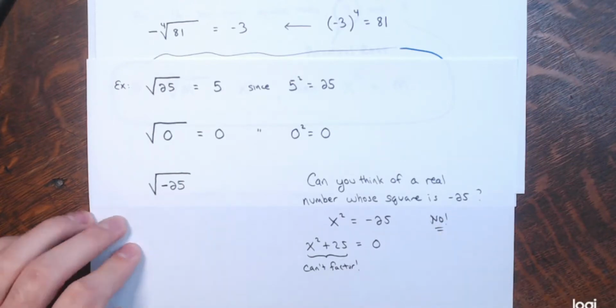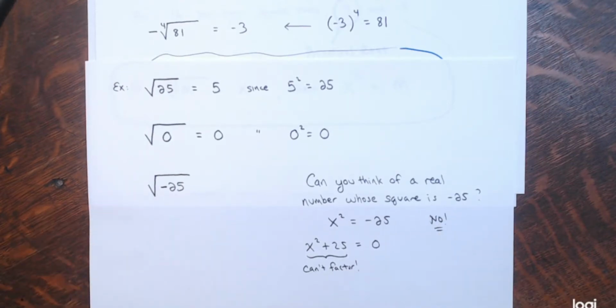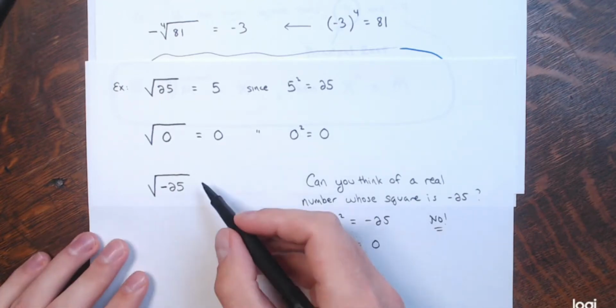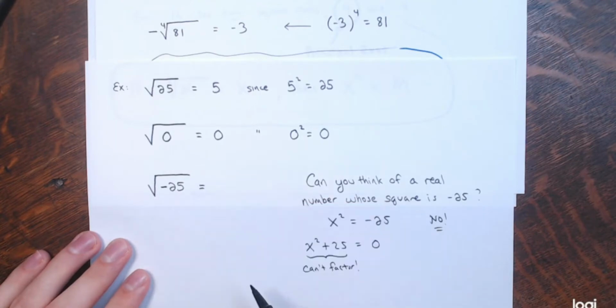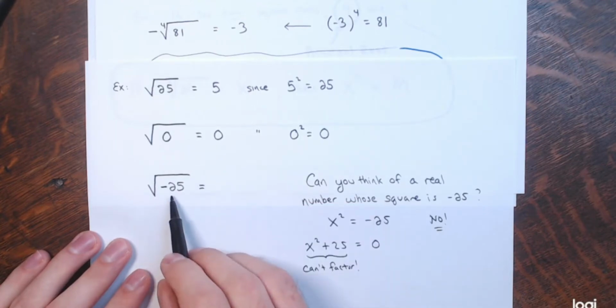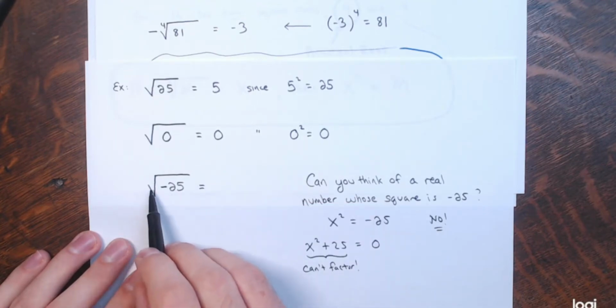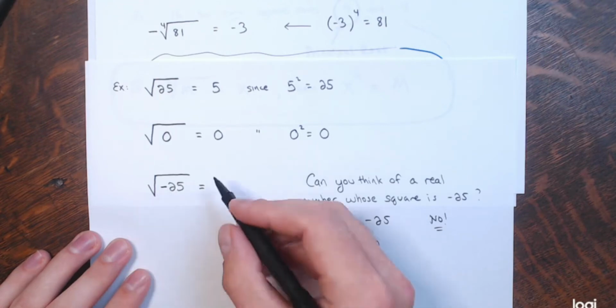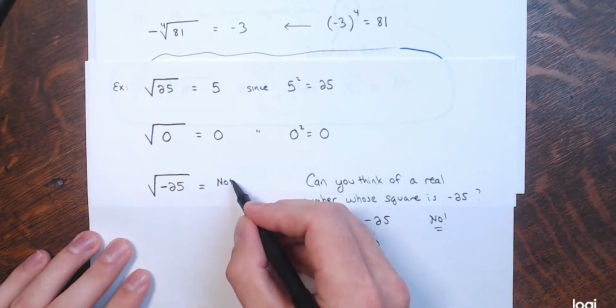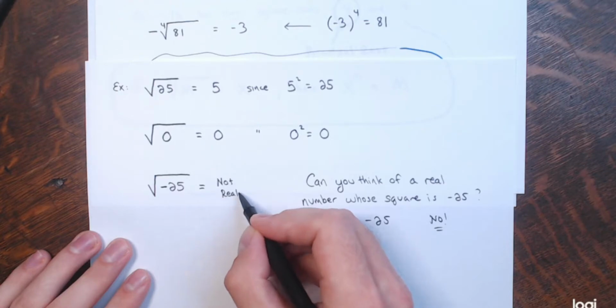You might have heard of imaginary numbers before. We're not going to get into that here. But the solutions to this equation would be what they call imaginary, not real. So that's all we're going to write. If the radicand is negative and you're taking an even root, we're just going to say that the number is not real.